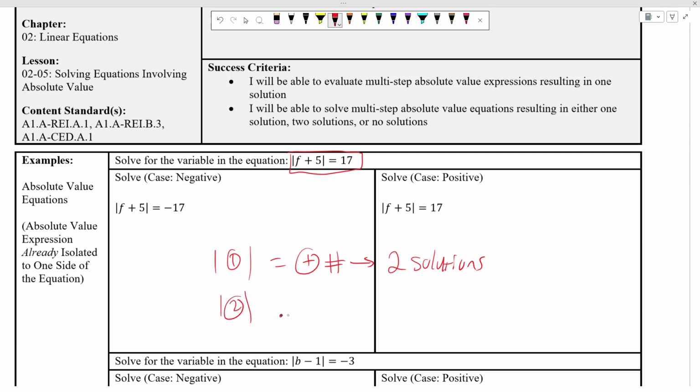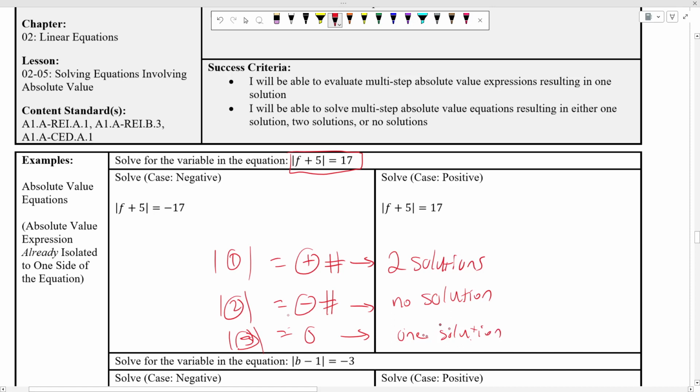This would be option two, and that would result in, let's say, some sort of negative number. That would thus be no solution. And then you would have option three here, which is saying that this is 0, and thus there is only one solution.